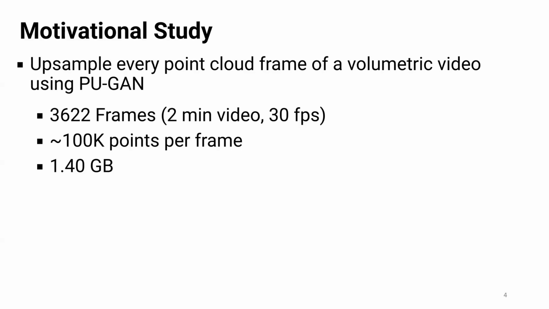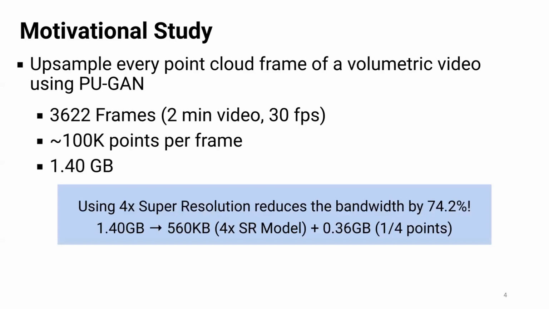For each frame, it has 100K points, and the total video size is 1.4 gigabytes. And by utilizing the 4x super resolution, it reduces the bandwidth by 74%. So it means to use 4x super resolution, they only need 1/4 of the points.